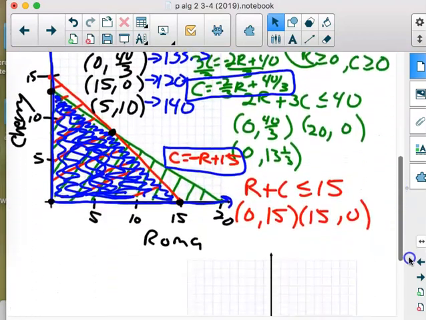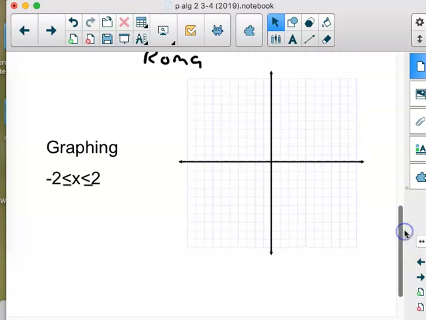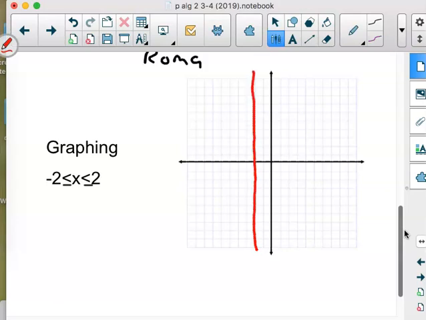One of the other things that I wanted to make sure that you know, because they do put one of these in the homework, is how to graph that. Because it seemed to kind of throw people for a loop in 3rd hour. You want to look at this and say, okay, x has to be between -2 and 2. Where would that be? Well, x is -2 right here. And it's +2 right here.